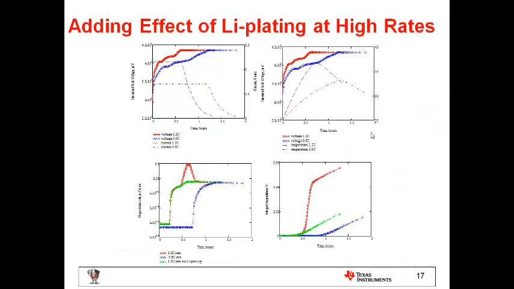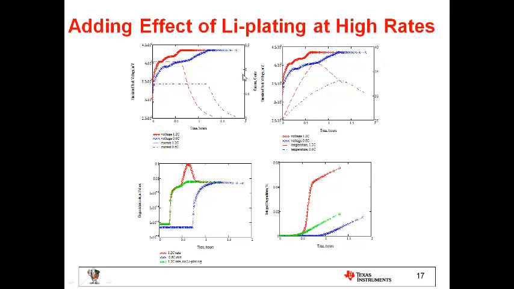So applying this to modeling of charge allows us to detect when the various degradation effects happen. Let's look at the comparison between the normal charge rate case and the high charge rate case. In the normal charge rate, it is 0.6 C rate, that is close to the recommended rate.